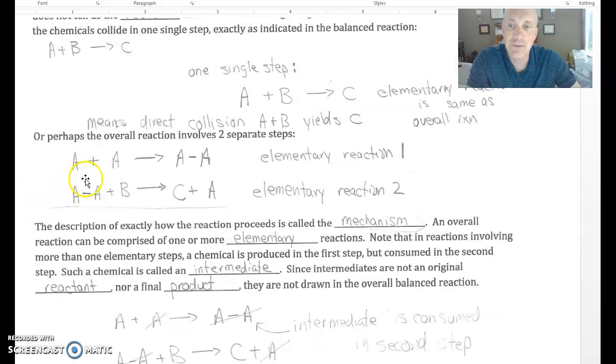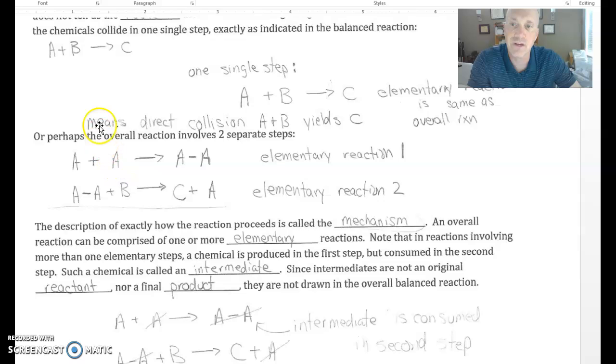Often the way chemical reactions occur is that you end up generating what's called an intermediate. All right, and an intermediate is a chemical substance that gets created in one step, but then gets immediately consumed in a following step. So this next proposed mechanism shows an example of an intermediate.